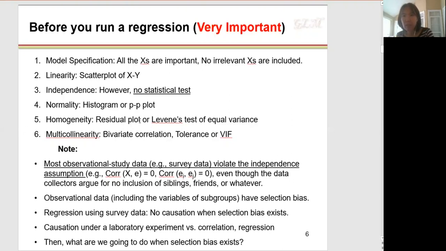And multicollinearity is a high correlation among X variables. So multicollinearity: tolerance, VIF. In the beginning we look at the bivariate correlation matrix, and then we can find out high correlation among the X variables. Even though we didn't cover VIF and tolerance, these values are the index for detecting multicollinearity.